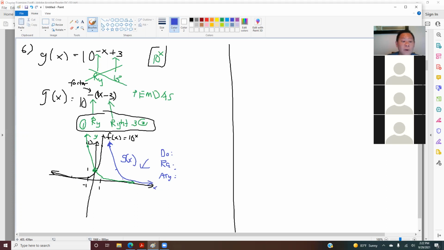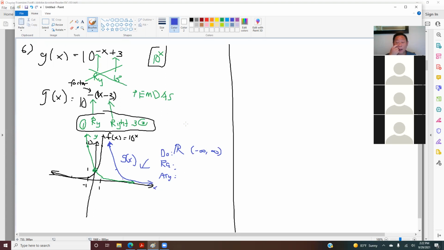Yes, eventually this graph will cross at -1, right? So how far left does this graph go? This graph goes to negative infinity. And how far right does this graph go? Positive infinity. So your domain in this case will be what? All real numbers from negative to positive infinity.